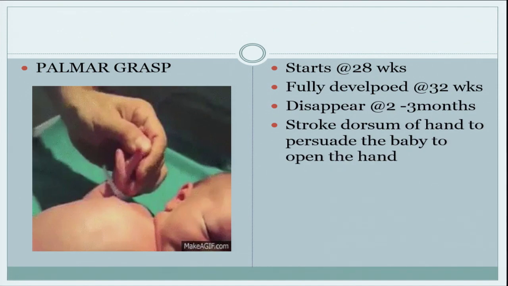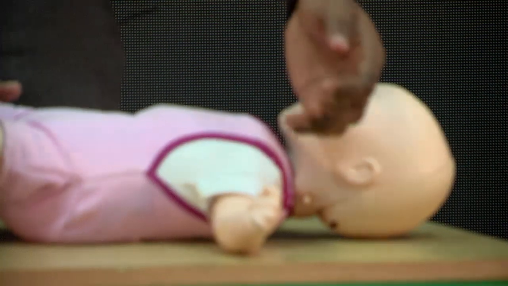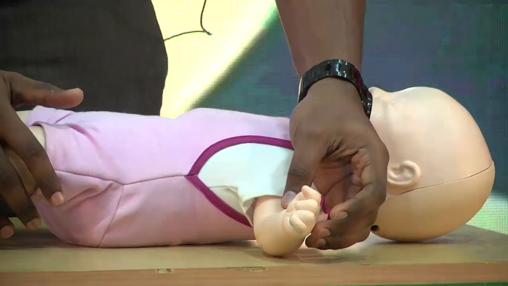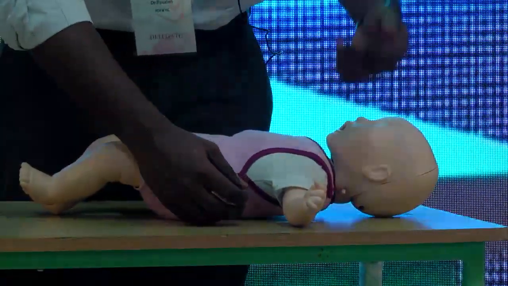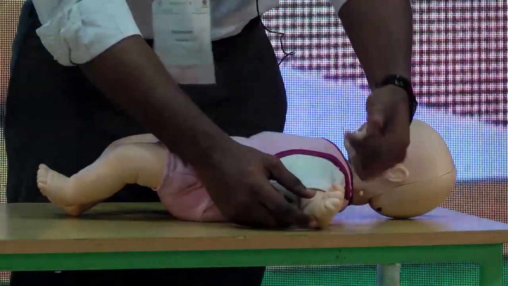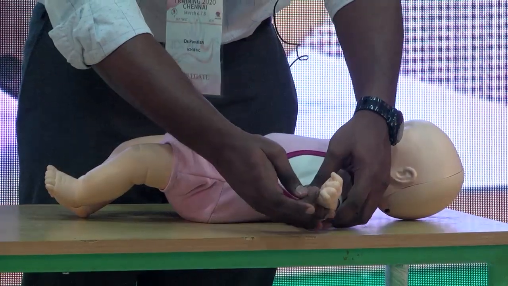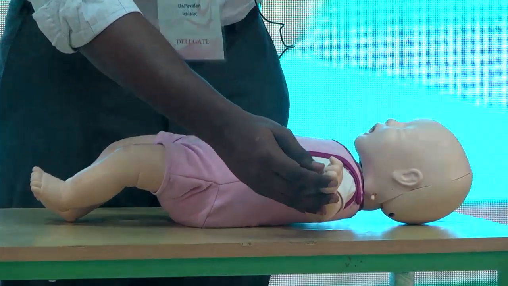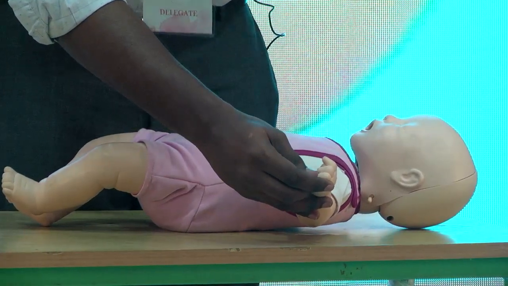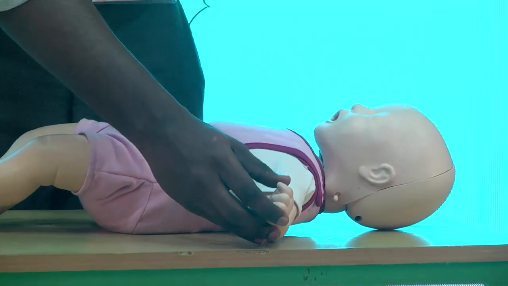Sir, usually baby closes hands. Gently we have to touch the dorsum of the hand to open it and introduce your finger from the ulnar side of the baby's hand. It will catch the finger. If you try to remove it, it will again give the grip. This is a palmar grasp reflex.